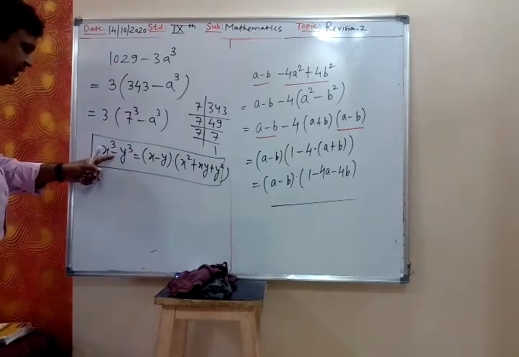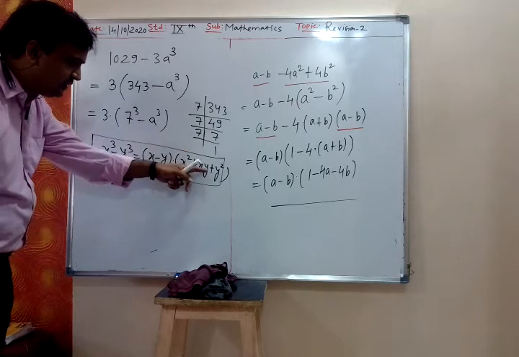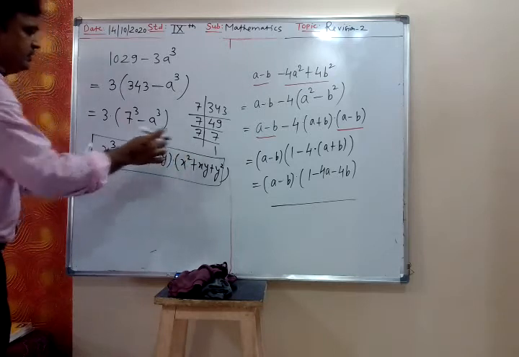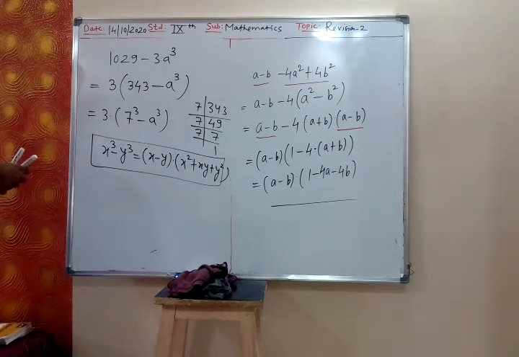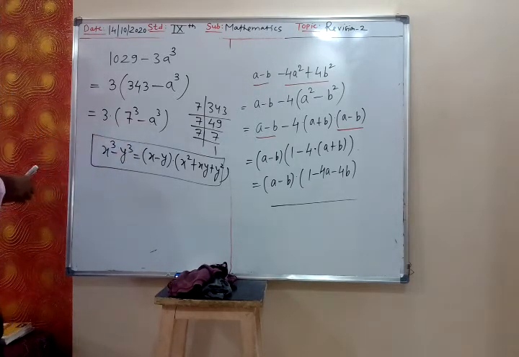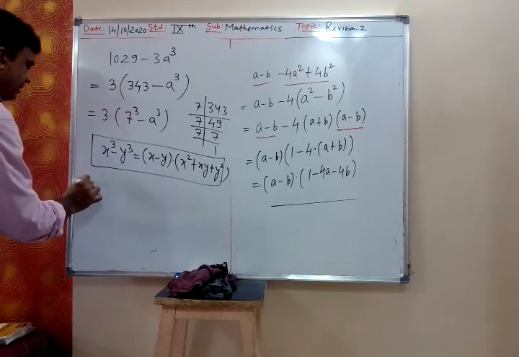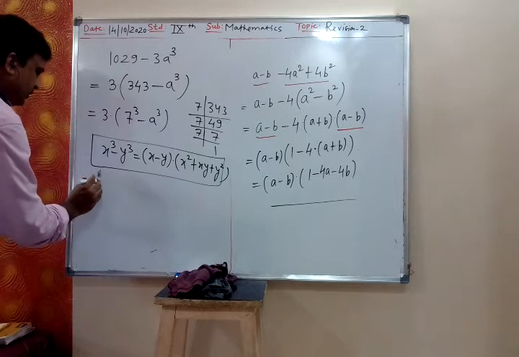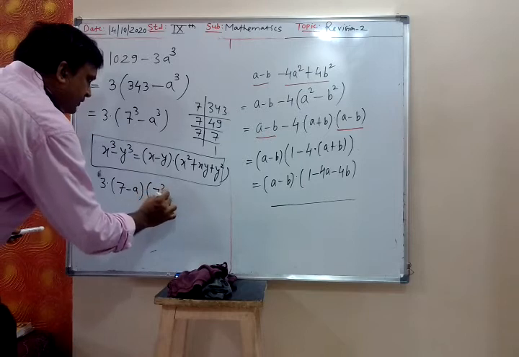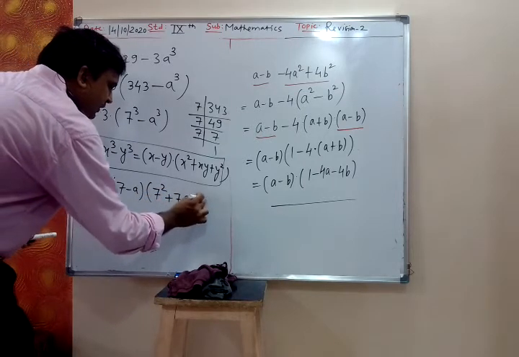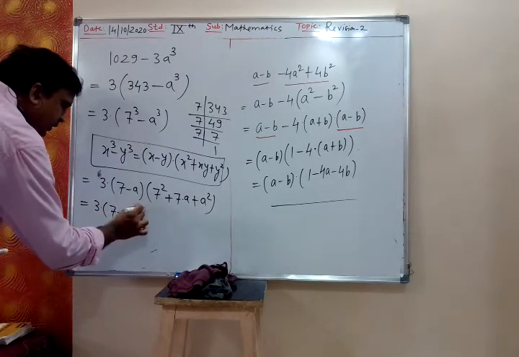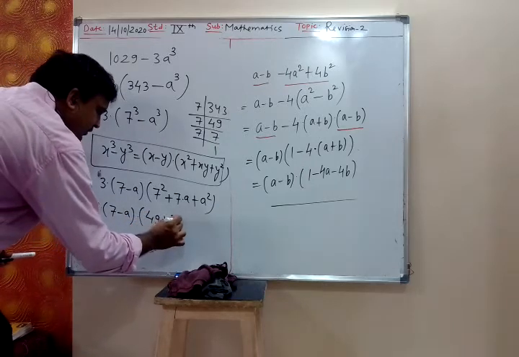So remember, whenever it is minus, it will be minus on this side, but on the other side, the other bracket, it will be plus. So this will be 3, and x is 7 and y is a. So that will be 3 into 7 minus a into 7 square plus 7 into a plus a square. So that will be 3 into 7 minus a into 49 plus 7a plus a square. This is the answer.